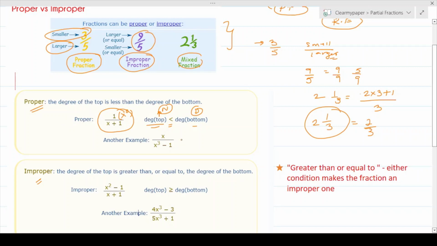Another example is, let's take it here. If you see, the degree of the numerator is 1, because if you just say x, the variable x, it is as good as saying x to the power 1. The degree of the numerator is 1 and the degree of the denominator is 3. Again, the degree of the numerator at the top is less than the one in the denominator, right? So 1 is less than 3.